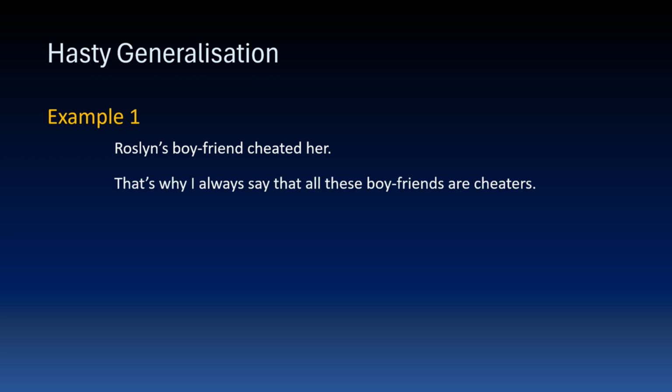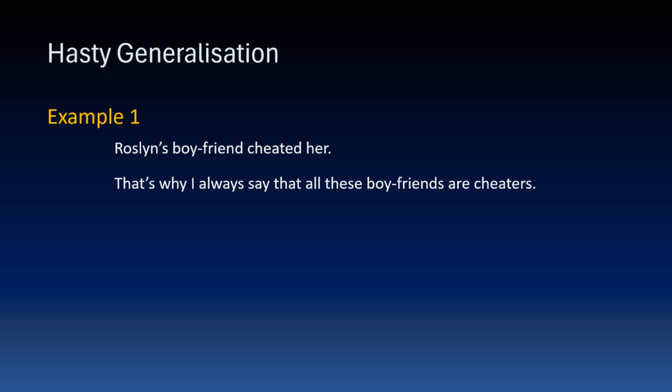Hasty generalization. Let us understand this with a few examples. Example 1. Rosalind's boyfriend cheated her. That's why I always say that all these boyfriends are cheaters. What kind of conclusion is that?